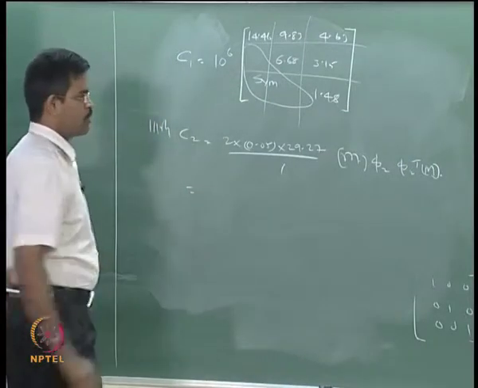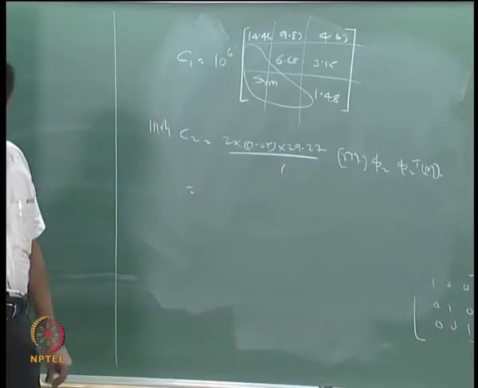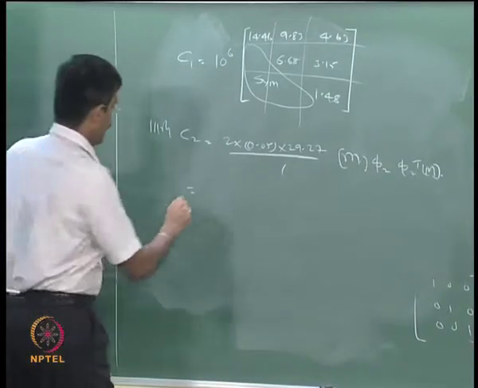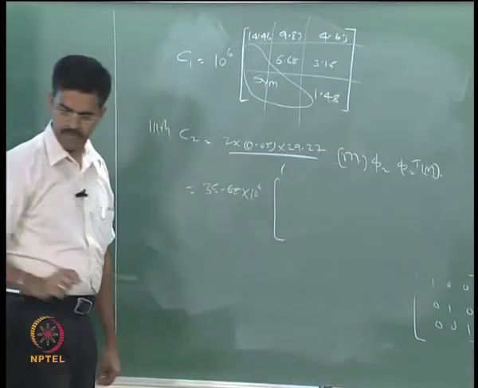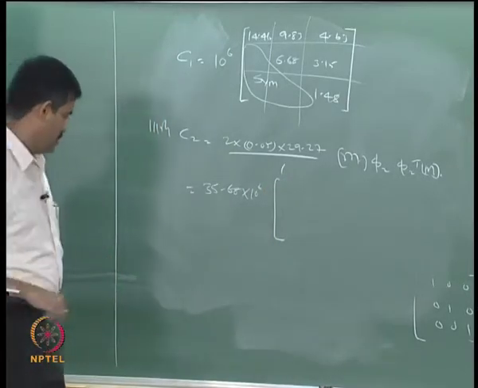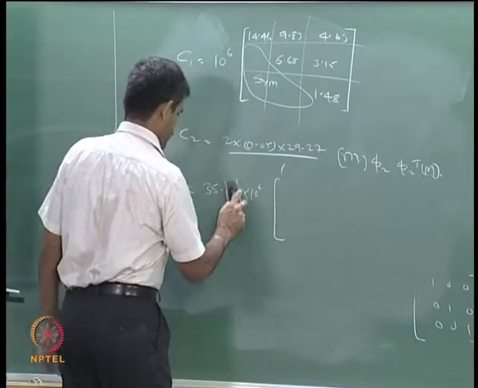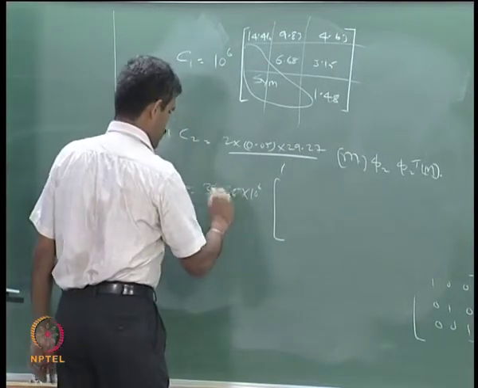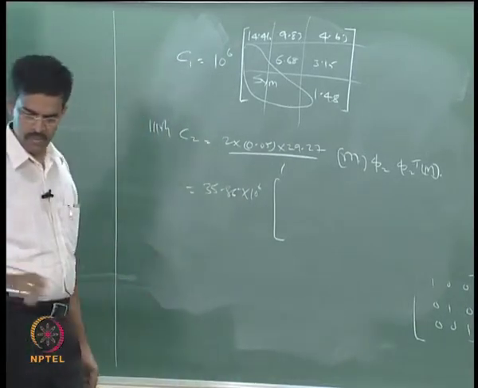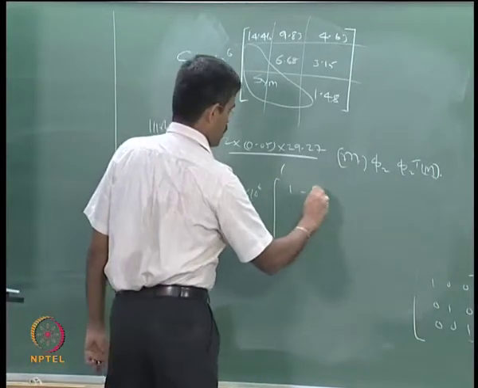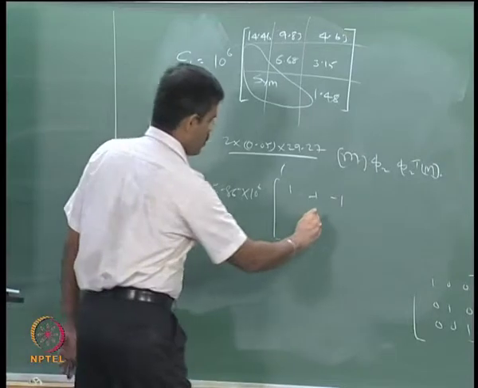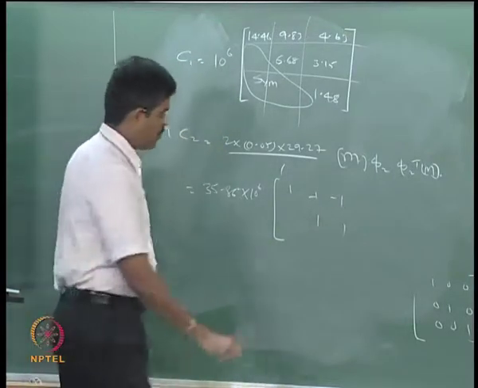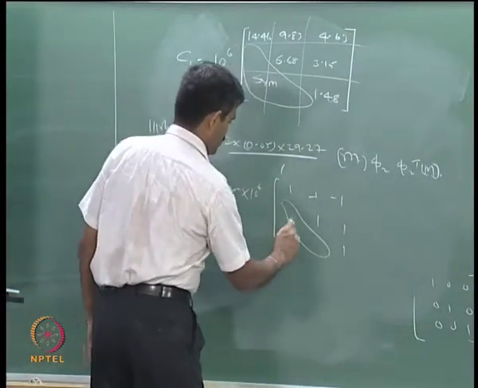So pre multiply, post multiply with phi and phi transpose and try to get C2, and C2 is 35.86 of 10 power 6 of, 1, minus 1, minus 1, 1, 1 and 1 symmetry.